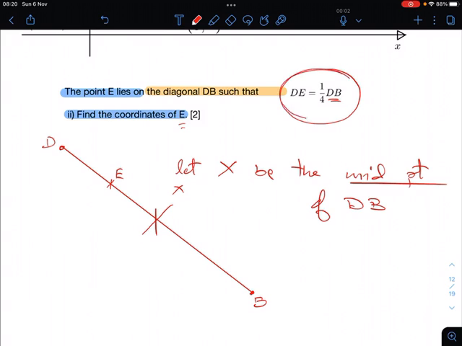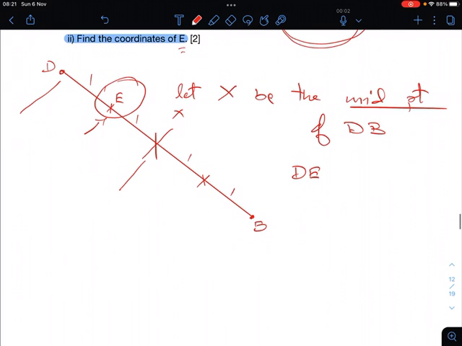Since it's 1/4, it is cut into 4 equal parts: this is one part, another part here, and one part here. That means my DE is also a midpoint within DX. Follow? So from there we can find the coordinates of E.